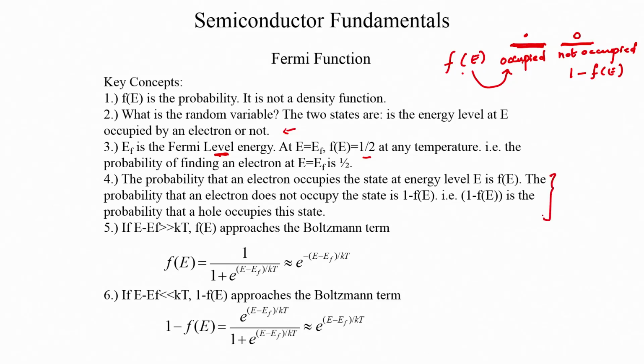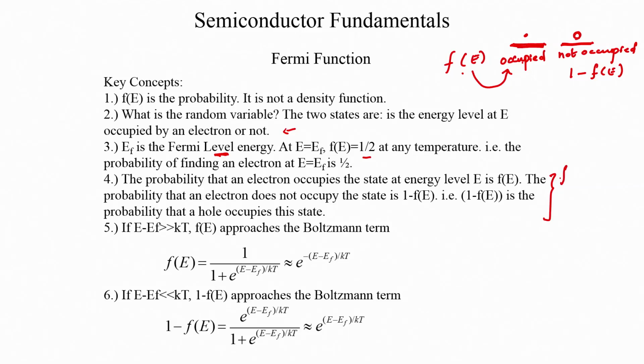We already saw that given an energy state at a level E, the probability that it is occupied by an electron is f of E, and therefore, the probability that it is not occupied by an electron is 1 minus f of E. Which is simply saying that this is the probability that it is occupied by a hole, which is a vacancy.